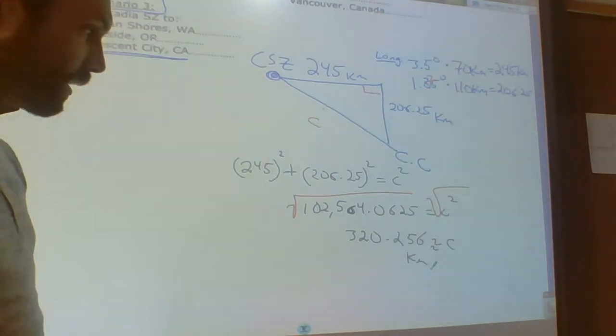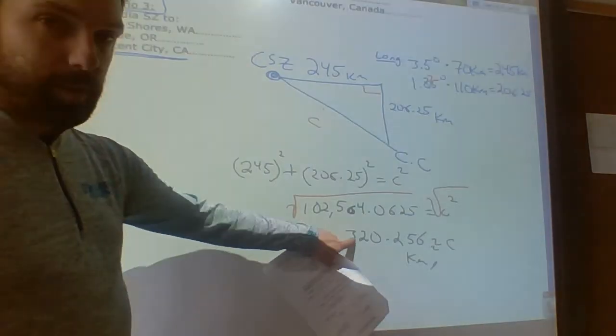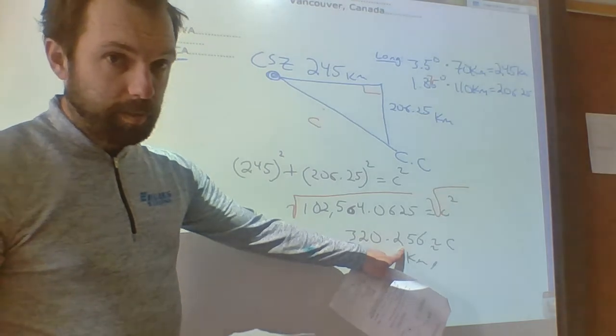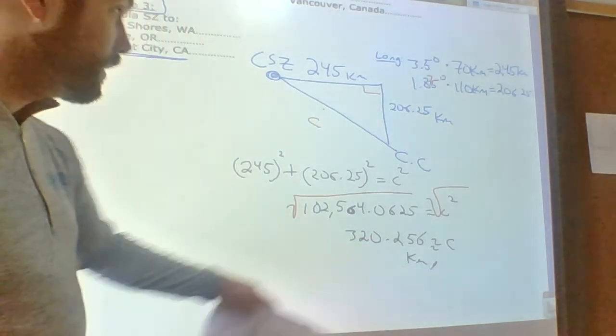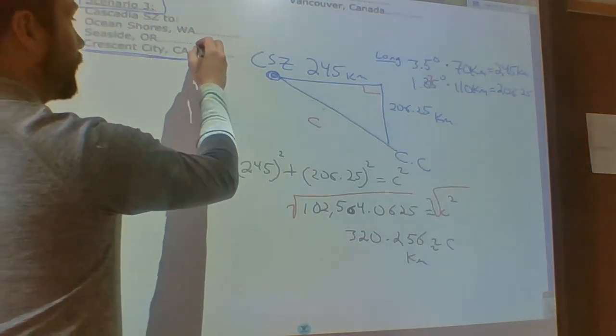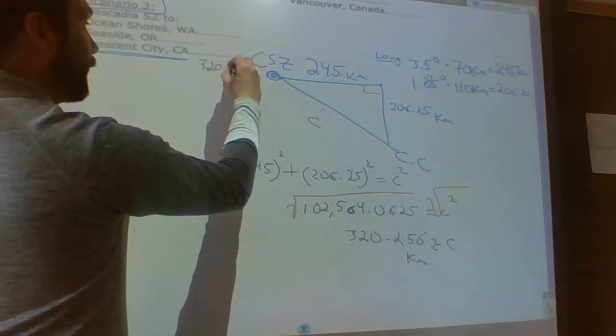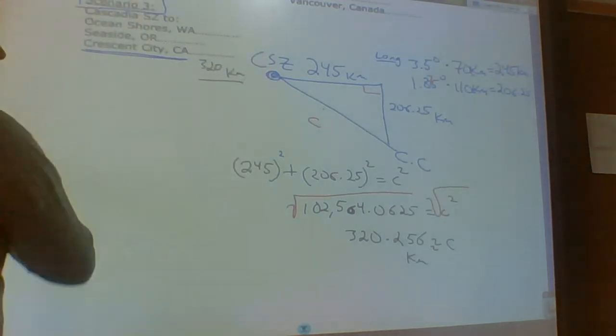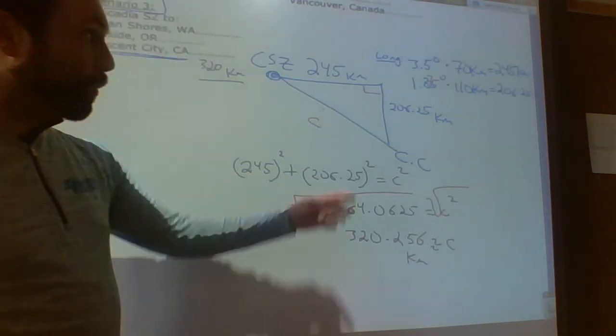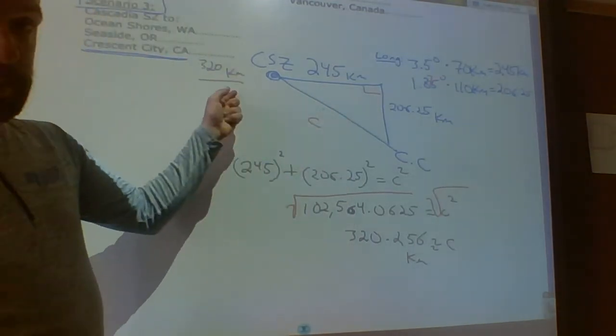So we found our distance, and to make it usable, we are going to round it to the nearest whole kilometer. So we will just say that is 320 kilometers. Okay. So Pythagorean theorem, we found our distance.